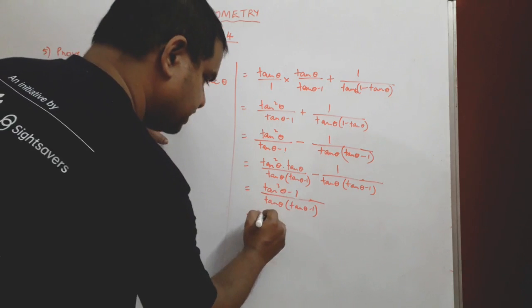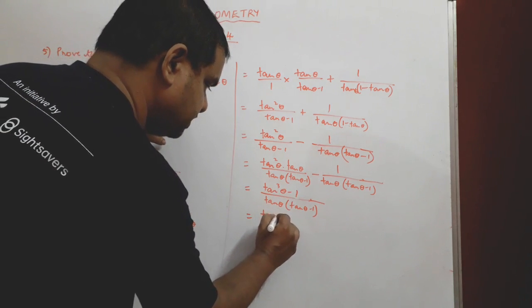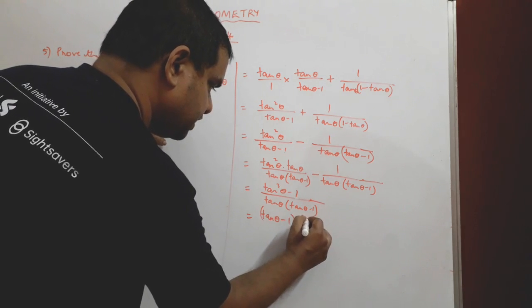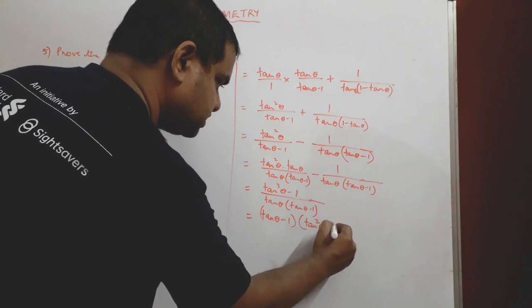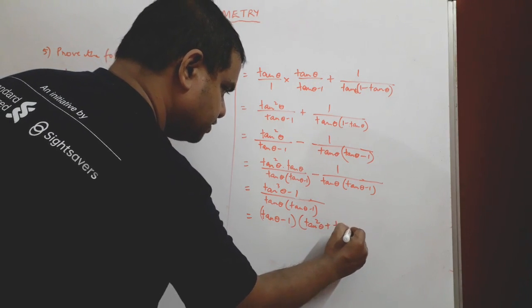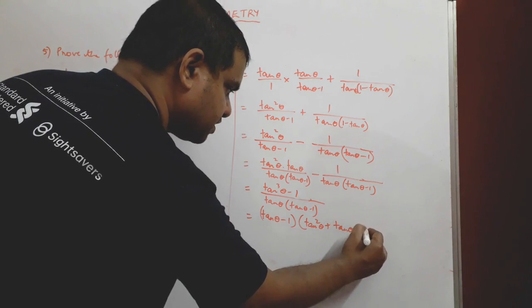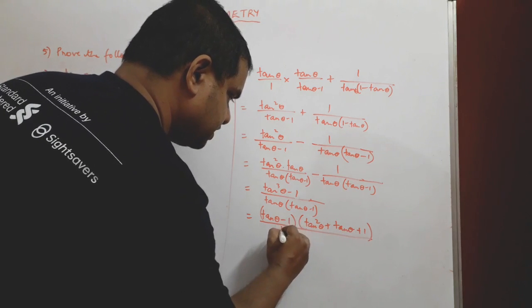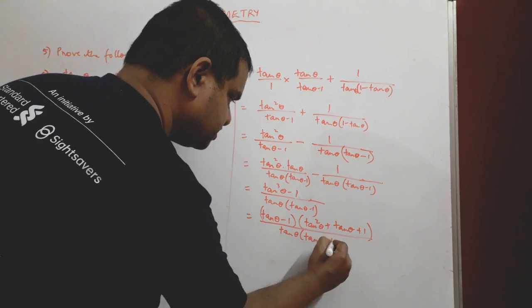So this I'll write as a cube minus b cube, which can be written as a minus b, which is tan theta minus 1, into a square plus ab, which is tan theta into 1, plus b square, 1, whole thing upon tan theta into tan theta minus 1.